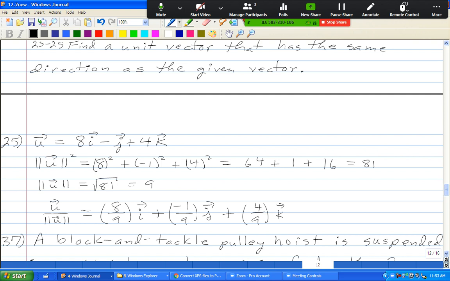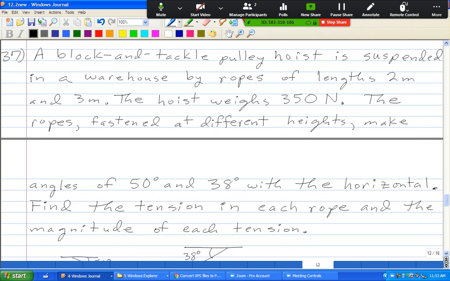Okay, so let's do problem number 37. A block and tackle pulley hoist is suspended in a warehouse by ropes of length 2 meters and 3 meters. The hoist weighs 350 newtons. The ropes fastened at different heights make angles of 50 degrees and 38 degrees with the horizontal.